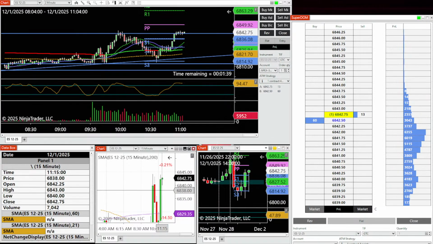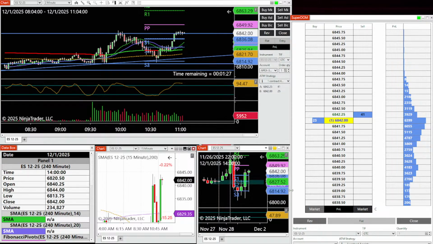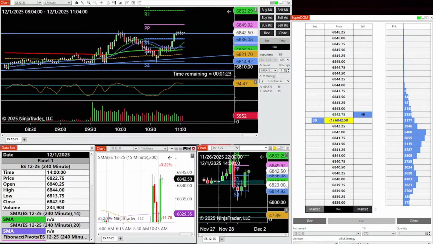We got the 43. Got the 43 and a quarter. Getting some consolidation. $42, $42.75. Who are they faking out? Or are they gonna go? There we go.